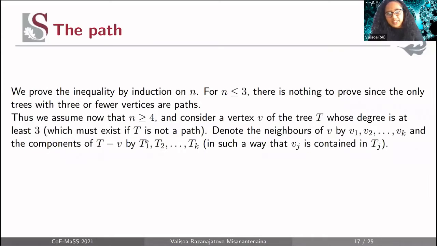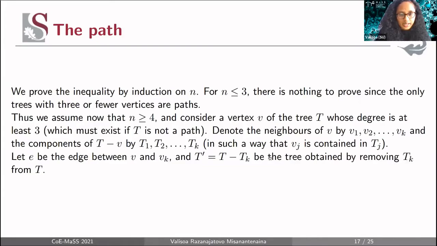Those are the components: T1 contains v1, T2 contains v2, and Tk contains vk. If e is the edge between v and vk, T prime will be the tree when we remove the component Tk.